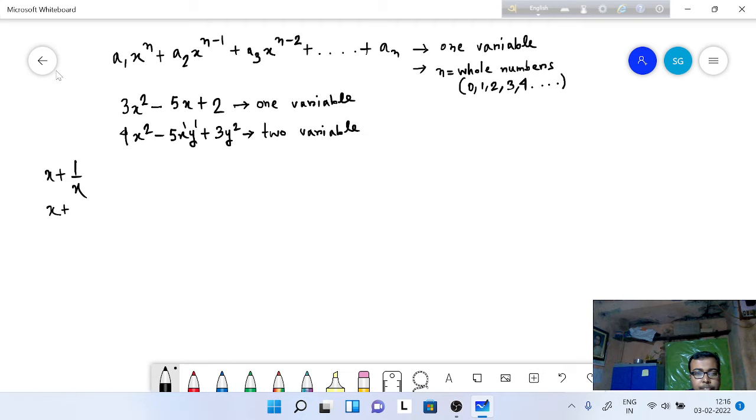See, if we modify 1 by x, we can write x to the power minus 1. Now see, we already said that the power of each term should be a whole number. So minus 1 is not a whole number. So we can say this is not a polynomial.